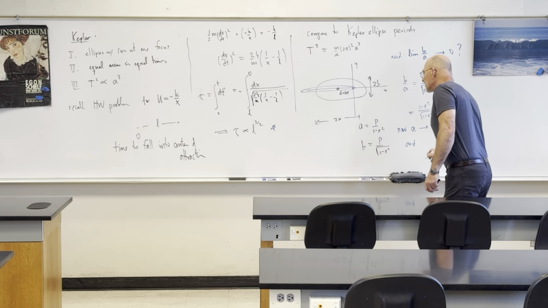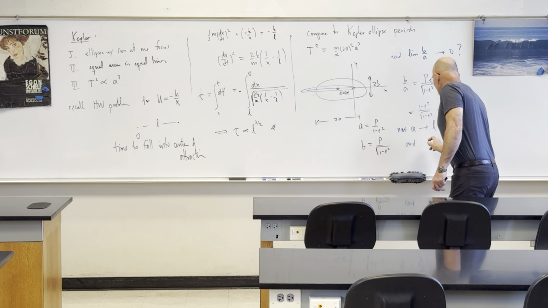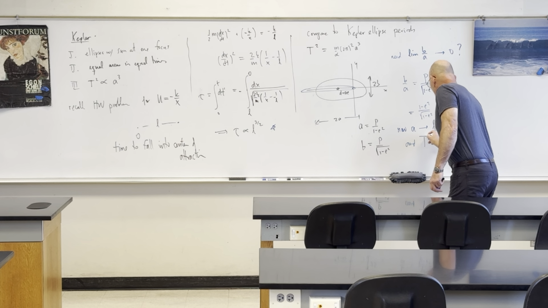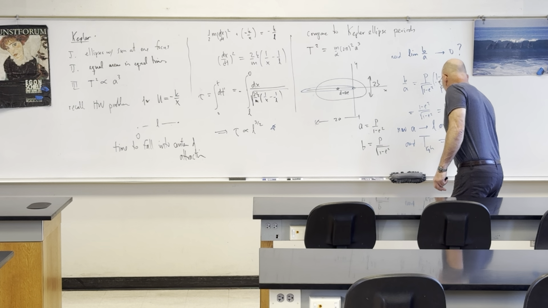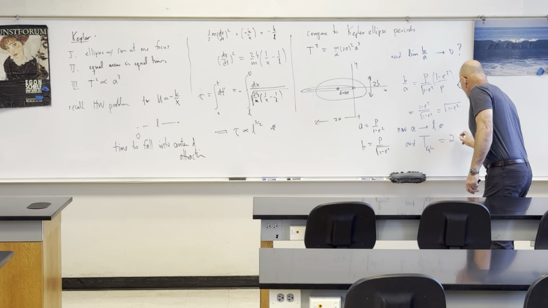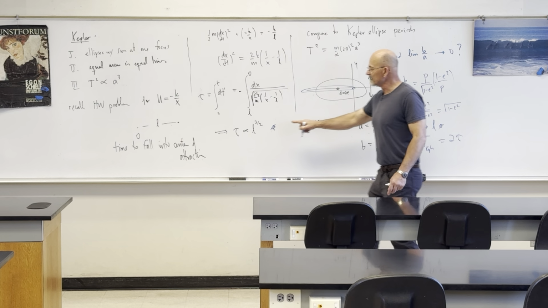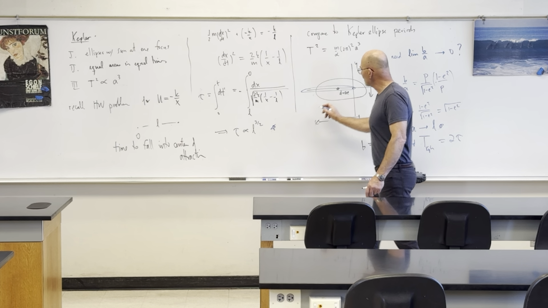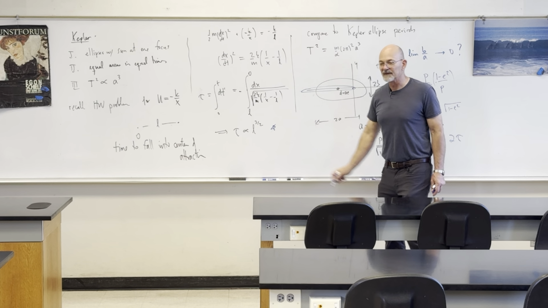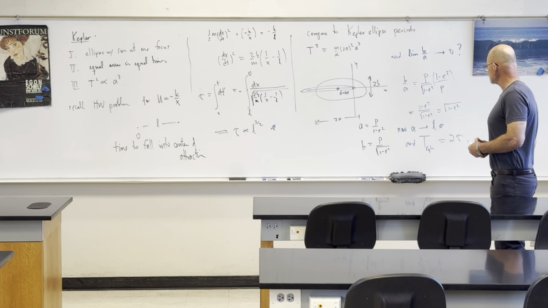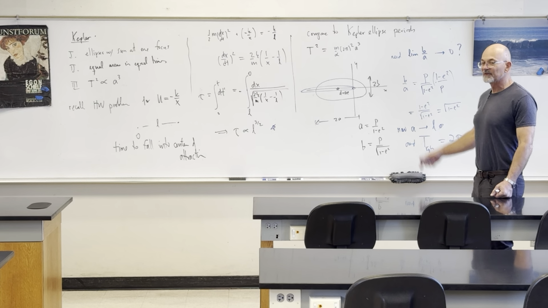And T Kepler is equal to 2 times that tau here, because the period of the orbit is the time it takes to fall in and then to return out. So that's what you guys want to make sure is true.